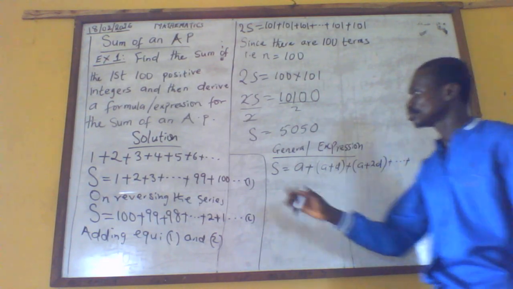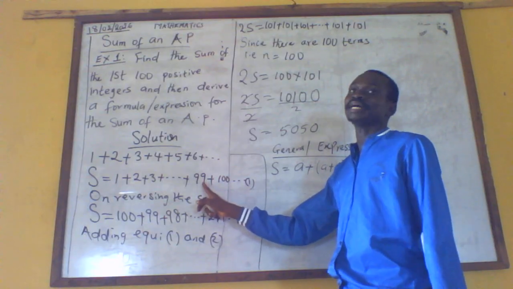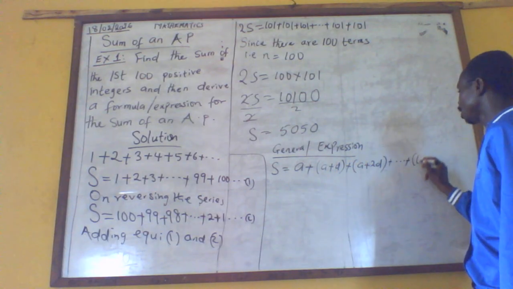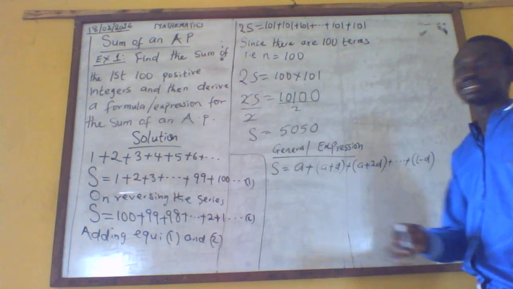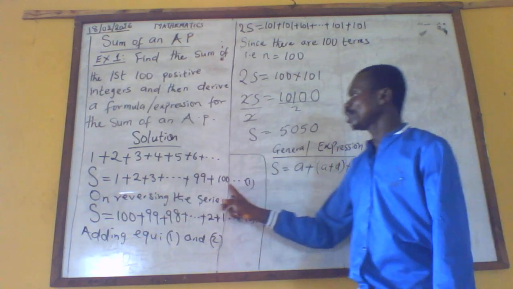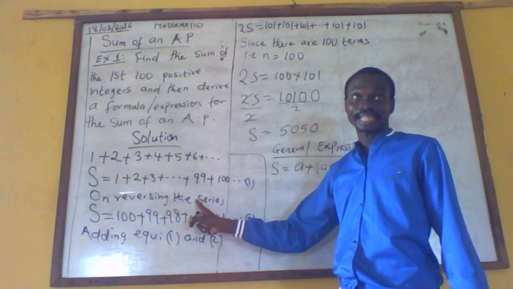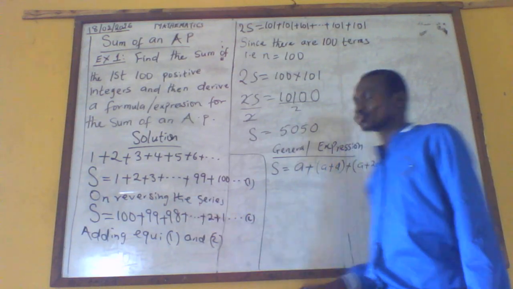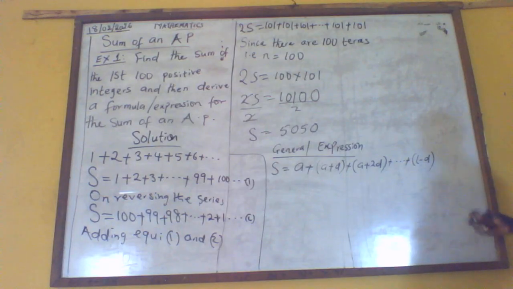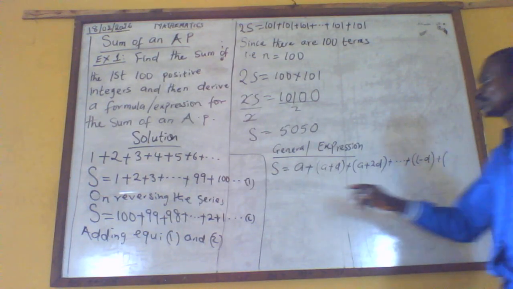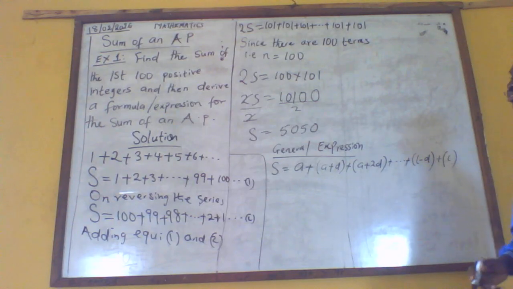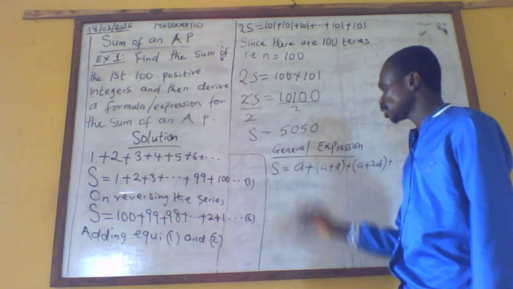Till we get to the second to last term, which will be denoted with last term minus D, right? Because the common difference here is 1. So if I do 100 minus 1, I will get 99. Is that not it? So last term minus common difference. Then 100 is our last term. Very good.